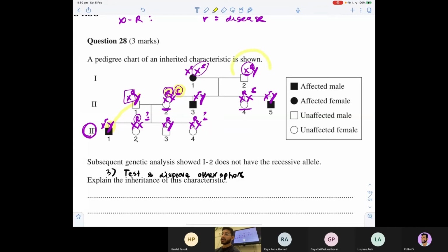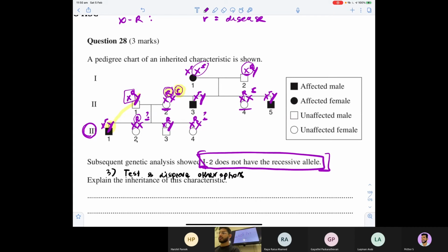We already found that though here, if it was autosomal. We didn't use this piece of information because I just wanted to go through the pedigree. But this should help you differentiate between one or the other. So you guys can redo this question with that piece of information. But I wanted to run through this just to show you how to break down a pedigree. Does that make sense to everyone?